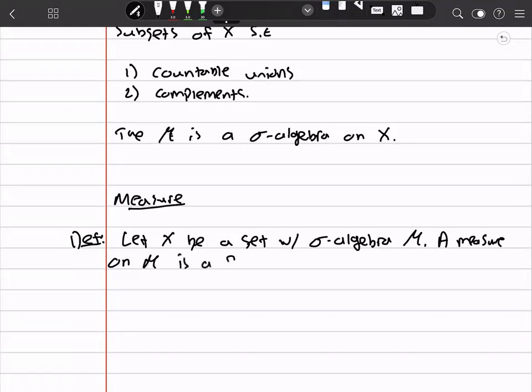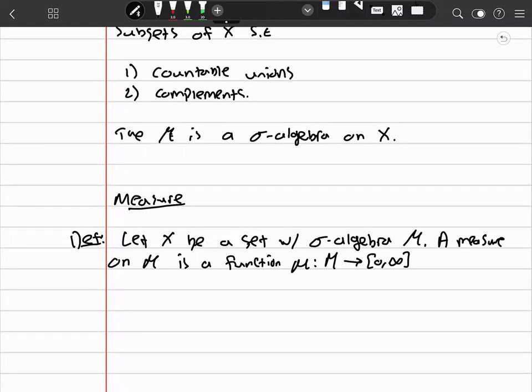is a function mu that maps M into, so we're going to require that our measure take on positive values, or zero, or infinity. So we're just taking on non-negative values.